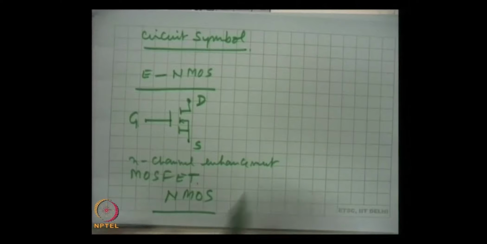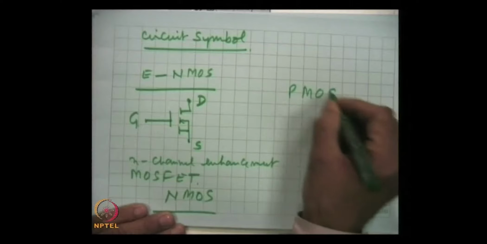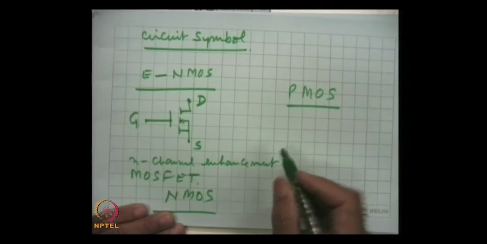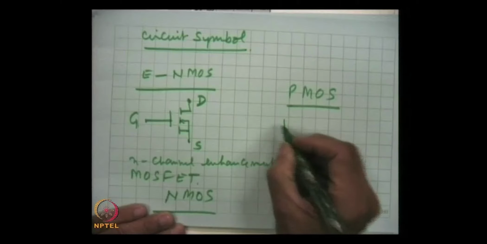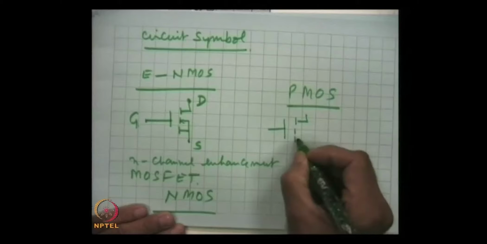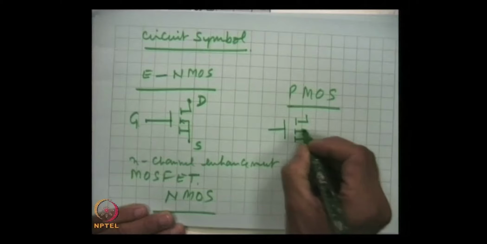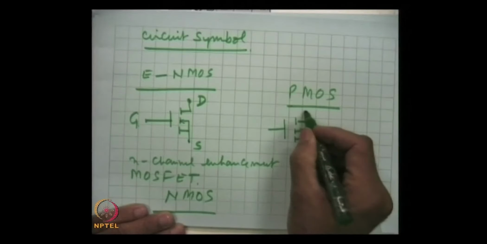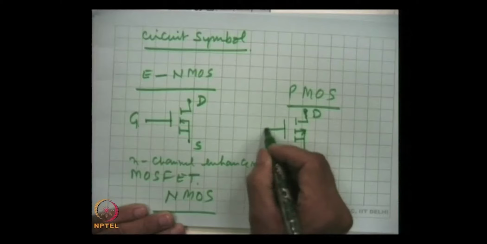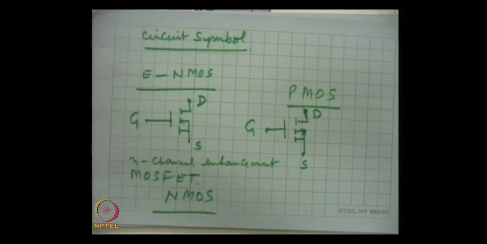And the circuit symbol for PMOS has the perforation, and then here the direction of the arrow reverses. This is drain, this is gate, and this is source. PMOS is normally having fewer devices as compared to NMOS.